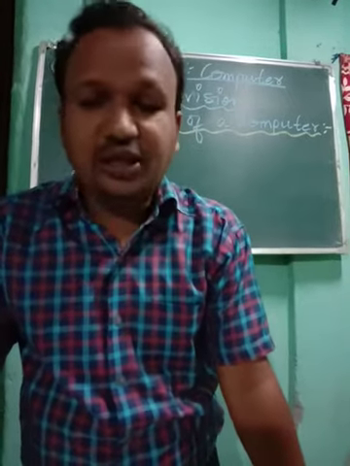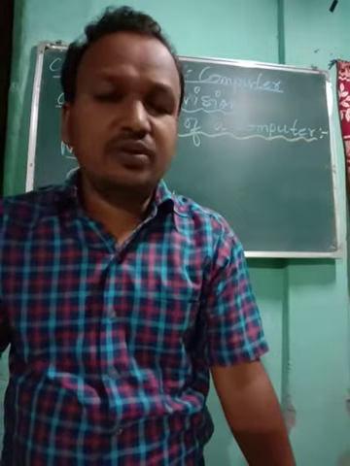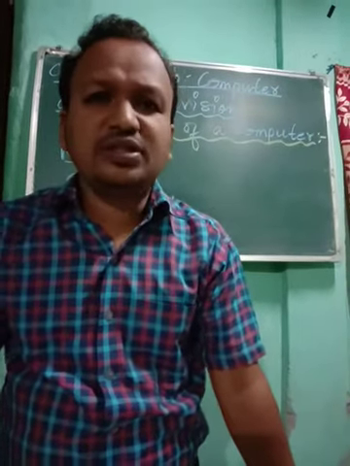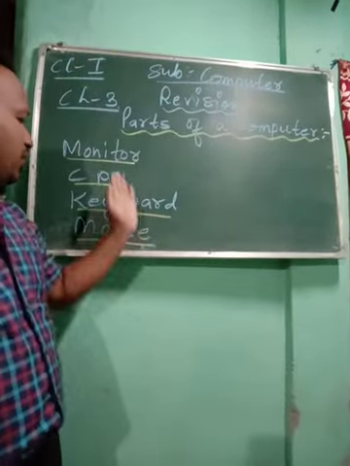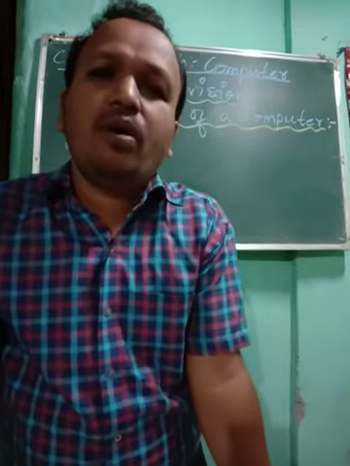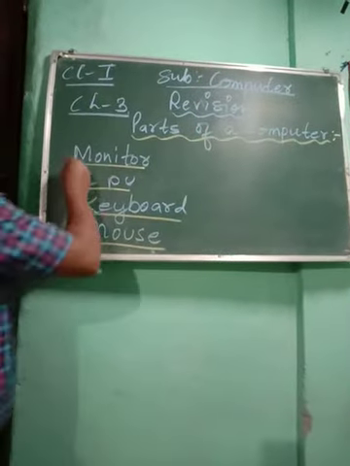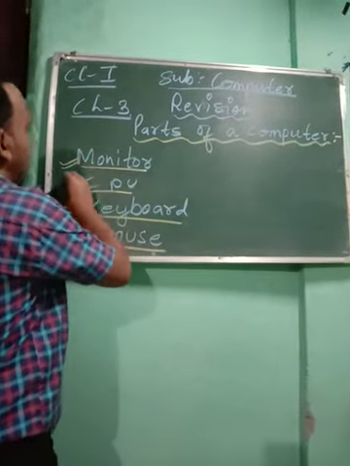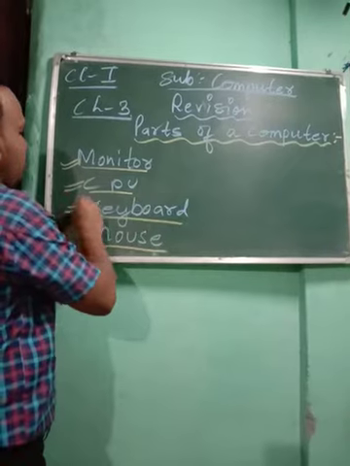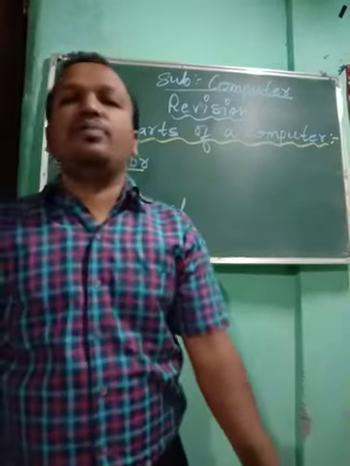If we don't have eyes, we can't see anything, we cannot do our work properly. In the same way, if a computer does not have any one part, then it cannot function properly. The monitor is a main part, the CPU is a main part, the keyboard is a main part, the mouse is a main part of your computer.